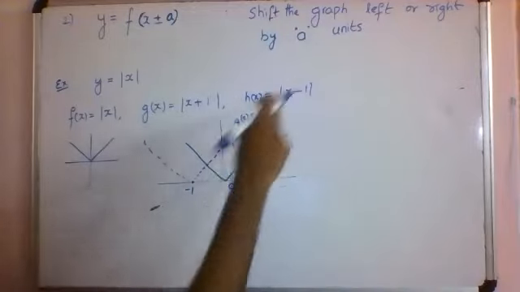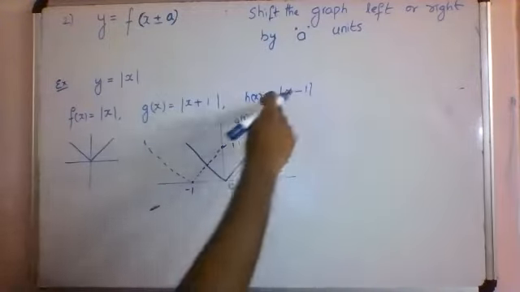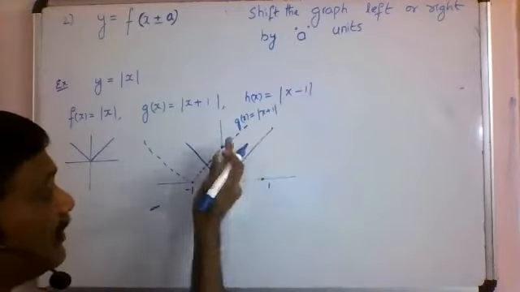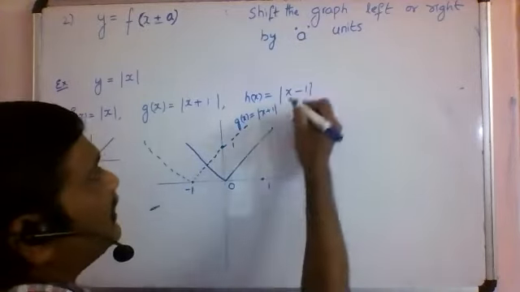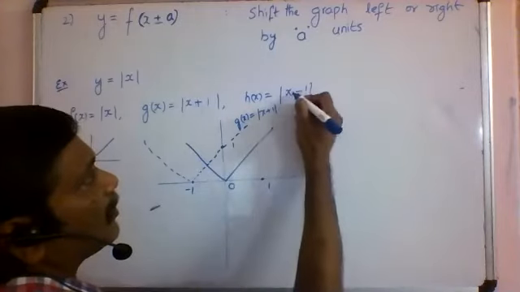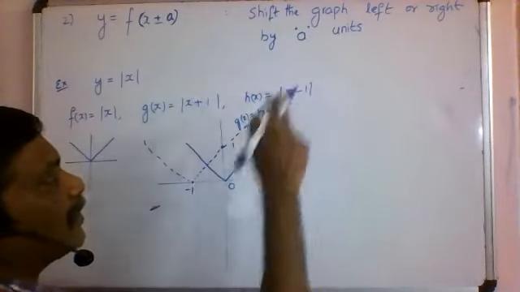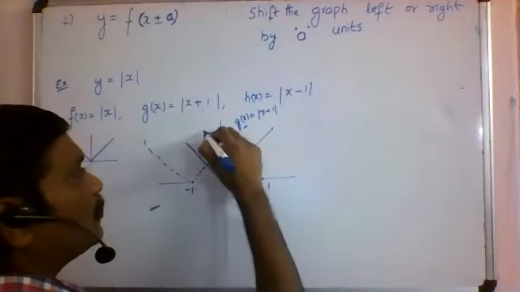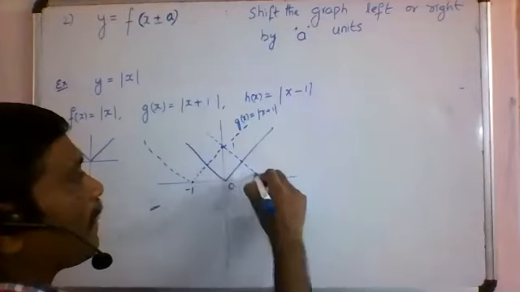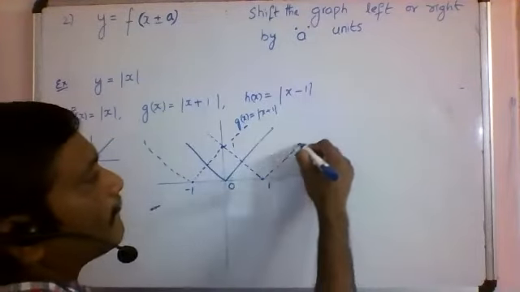Now this one, h of x. h of x is mod x minus 1 means we have to shift the graph towards right. Again here if I put x 0, we are going to get the y value, no? y is mod of minus 1, which is plus 1 only. So again it should pass through this one only. Like this.